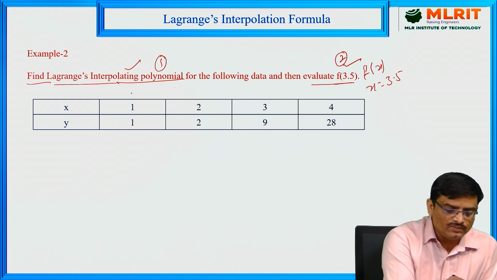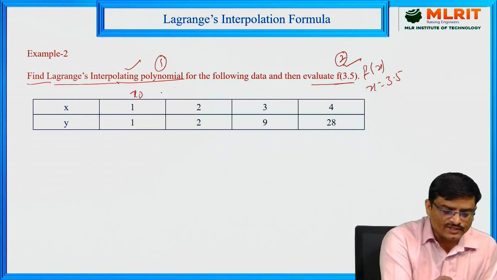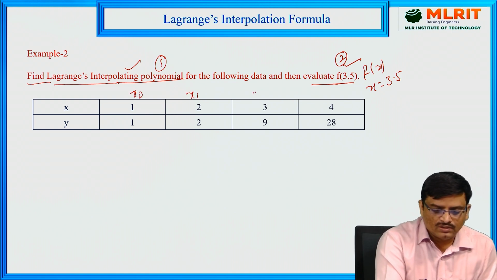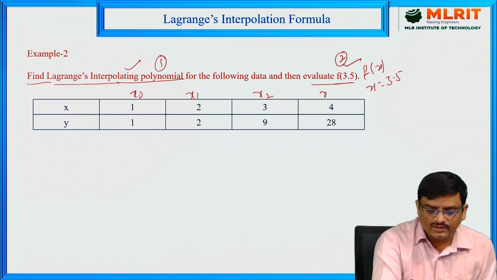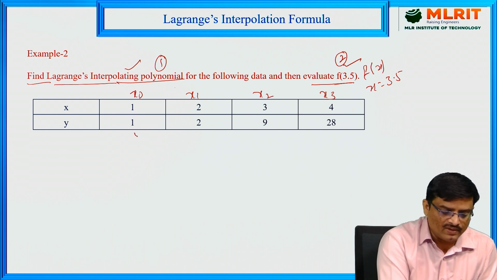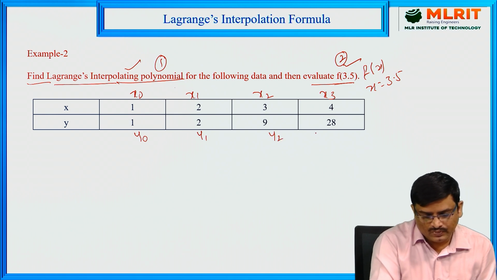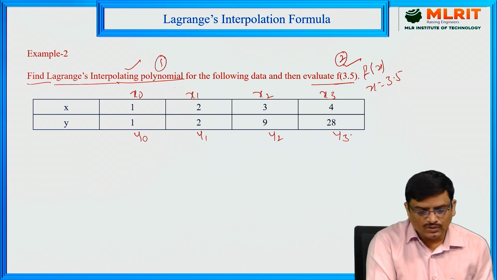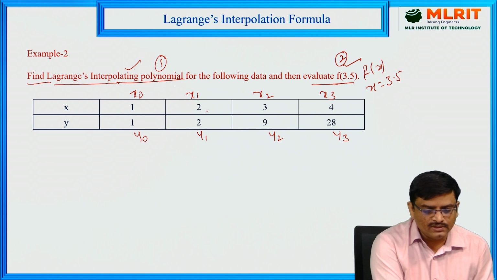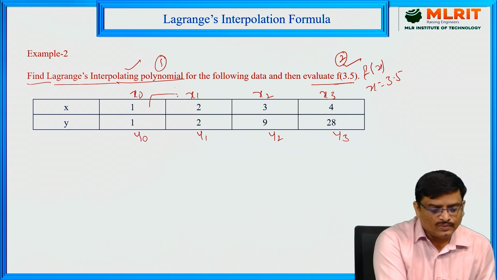As usual, you represent these x values as x0, x1, x2, x3, and the corresponding y values are y0, y1, y2, y3. Now if you find the difference between these, we have a common difference, no problem.